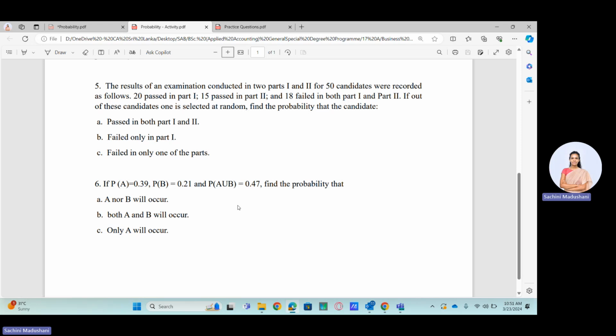Then we can take 17 and 12. The question asks for the intersection of the first one, passed both part 1 and part 2. How many candidates? 3. So 3 over 50. Understood?